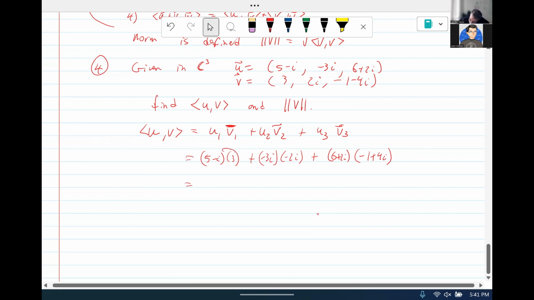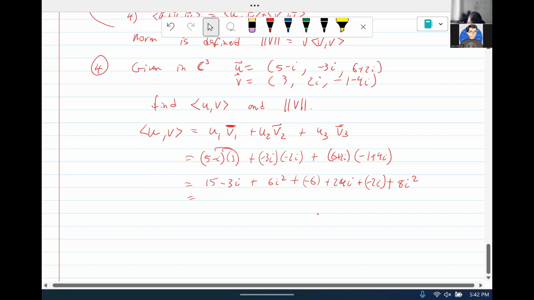So now I'm going to distribute. This is 15 minus 3i plus 6i squared, plus 6 times negative 1, I have to FOIL this out, this is negative 6 plus 24i plus negative 2i plus 8i squared.